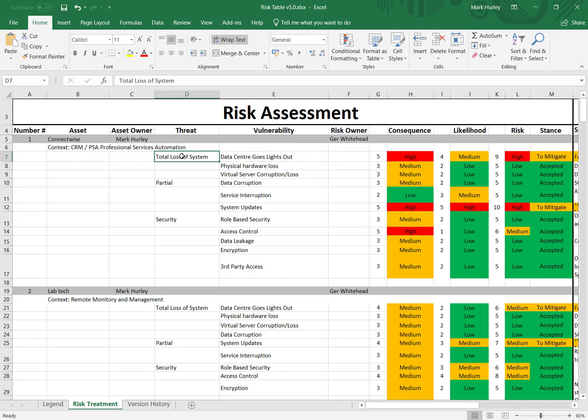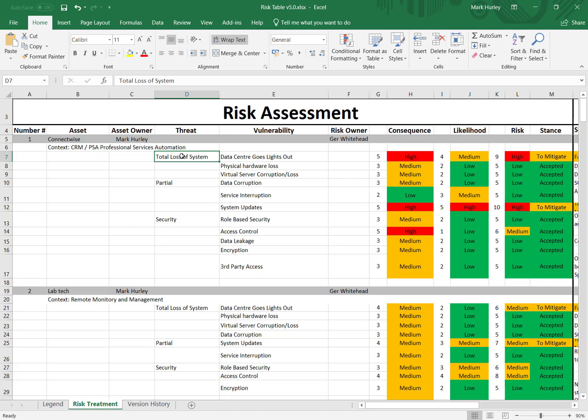When we look at an asset, we look at it through the prism of three basic threat outcomes: the total loss of the system, a partial loss of the system, or some kind of security incident. Can you explain that to us in a little bit more detail?